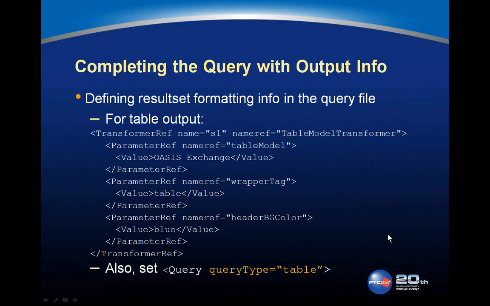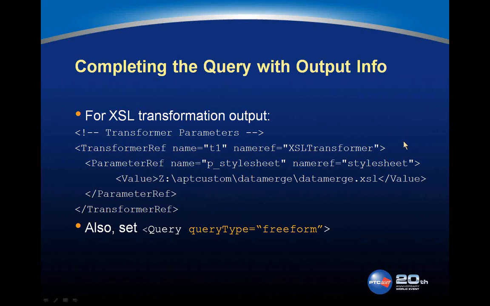If you have multiple wrapper tags, you can specify the wrapper tag. You can specify a header color. And then on the query itself, you want to set the query type to table. That tells Arbortext, okay, when you get the results back, just throw it into an Oasis Exchange table, make the headers blue, and that's all we need.